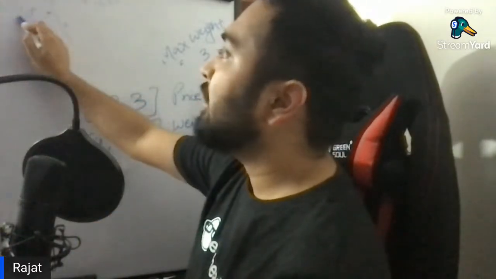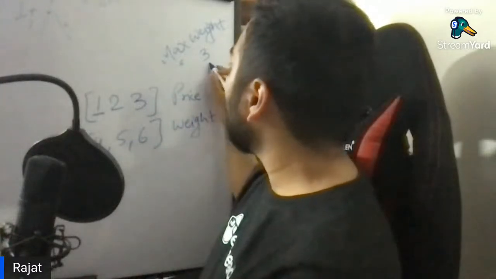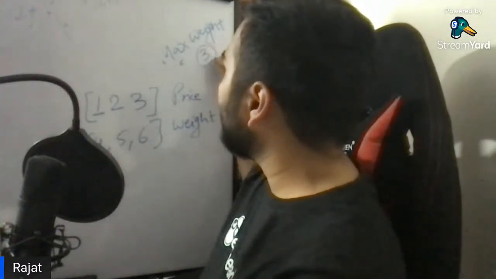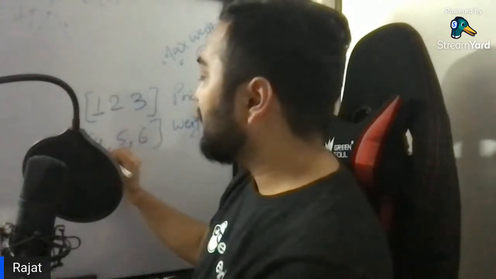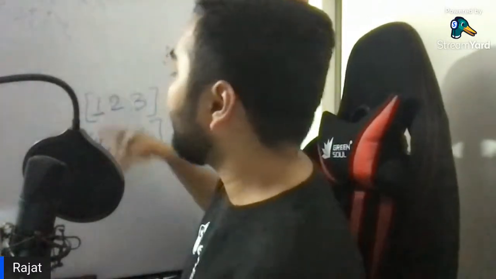But at the same time, when I chose 1, my total W, which was 3, my total weight can only be 3, and I chose a weight which was 4. Whenever I take this, I do a W minus weight of 1. Weight of 1 is 4.